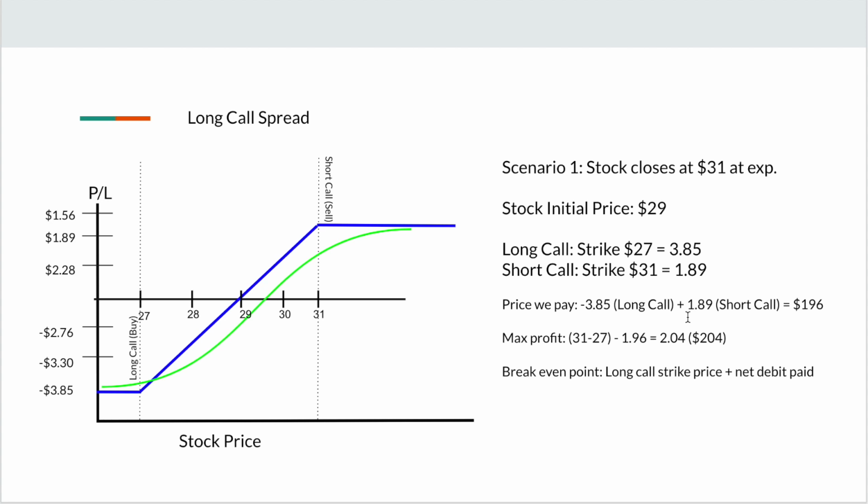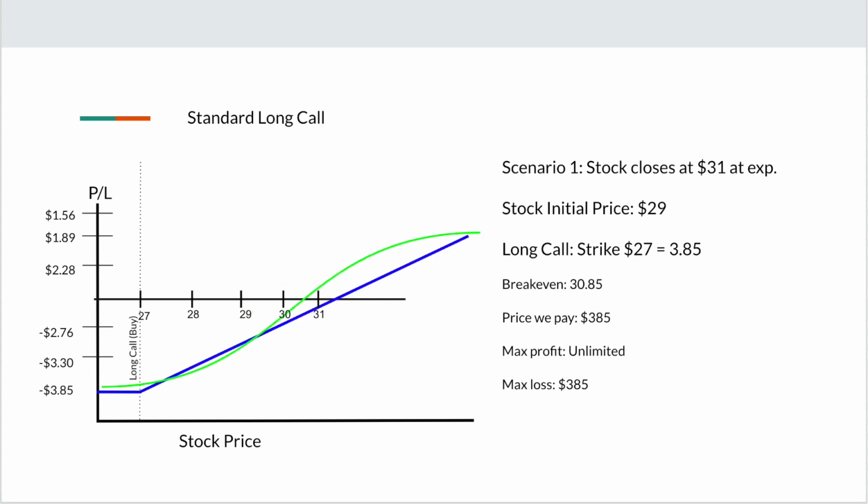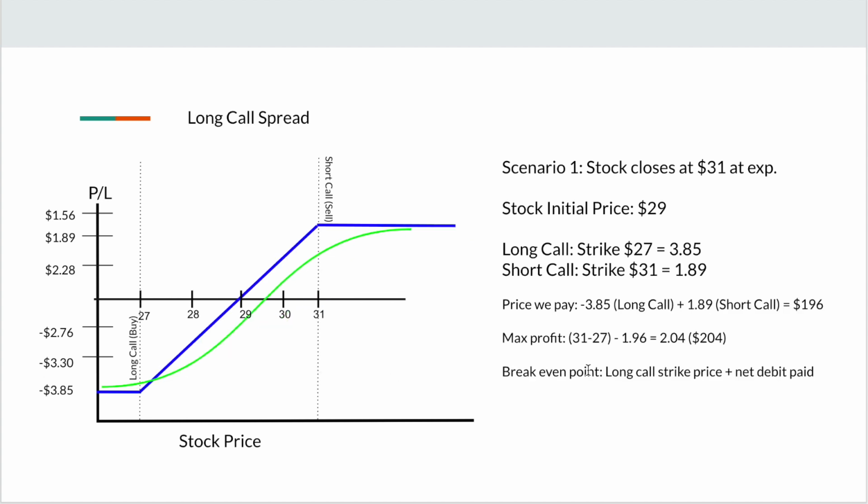In this example, your break-even point is going to be less than the standard long call break-even point. Remember, we had said that the stock needs to make it all the way to $30.85 in the first example. Here, you only need the stock to go up to your long call strike price of 27, plus the net debit paid, which was 1.96.